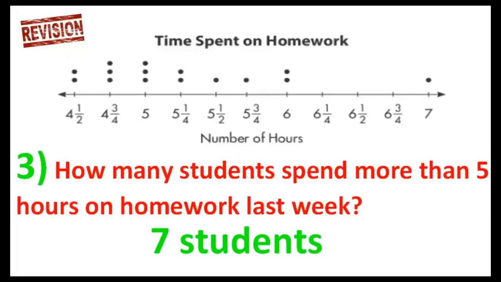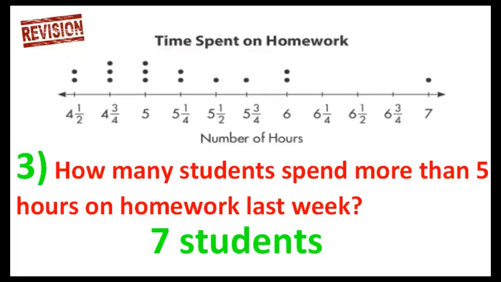It is not included in the statement because they say more than 5. It means 5.25, 5.5, 5 3/4. Mr. Walid, why didn't we select 5 here? Because he didn't say or. He just needs the number of students who spend more than 5 hours on the homework last week.